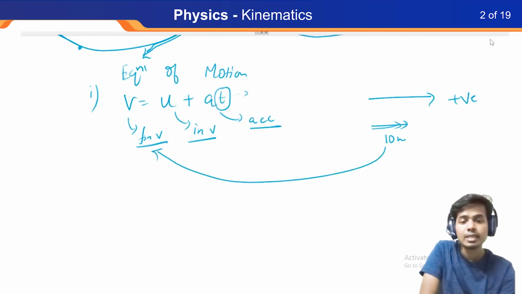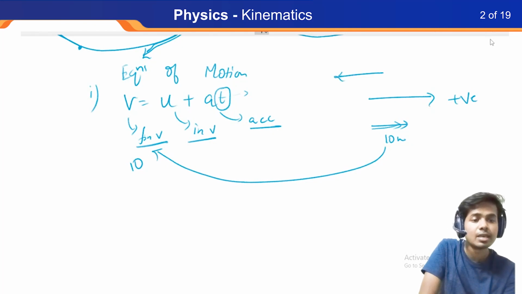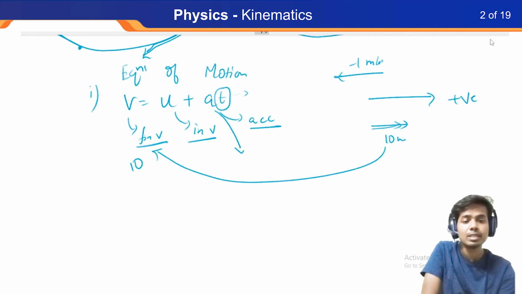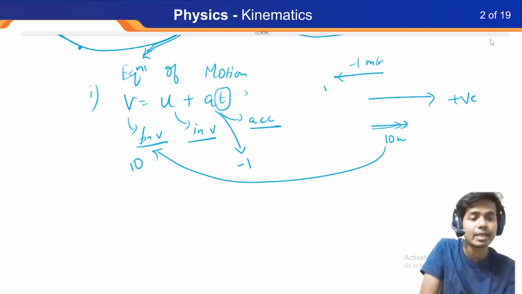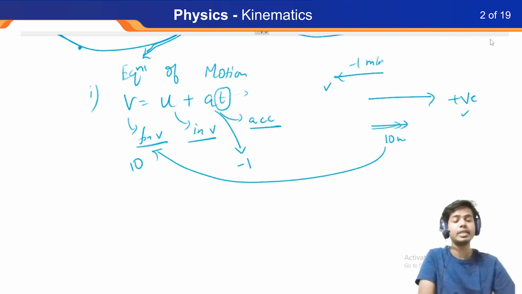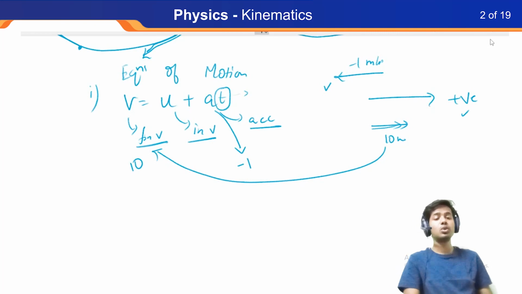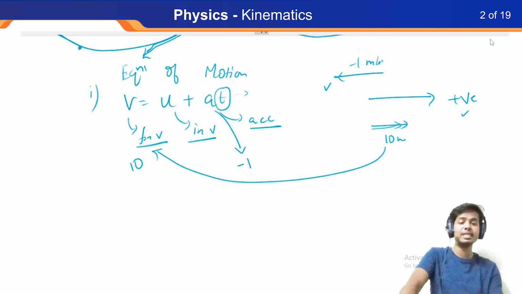Then you will plug 10 here. But let's say the acceleration is minus 1 meter per second square. So in a, what you'll plug is minus 1 actually, not 1. So you will always have to take care in which direction it is pointing. Based on that, you put the sign conventions for these equations.